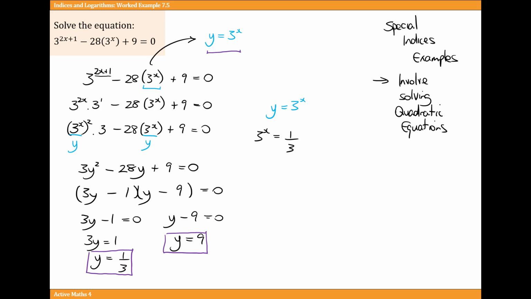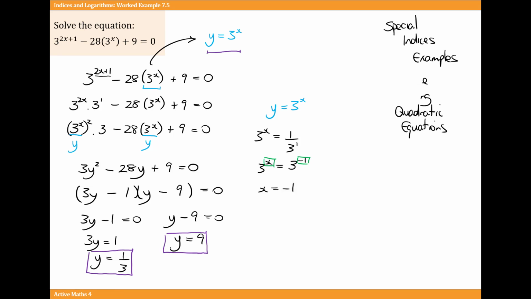Now how could we solve this? Well, we could say 3 to the power of x is equal to, what's the rule here? 1 over 3 to the power of 1. We can say that that's 3 to the power of minus 1 using one of the rules of indices. And now we can see that we let the powers equal and x equals minus 1. So that's our first solution.